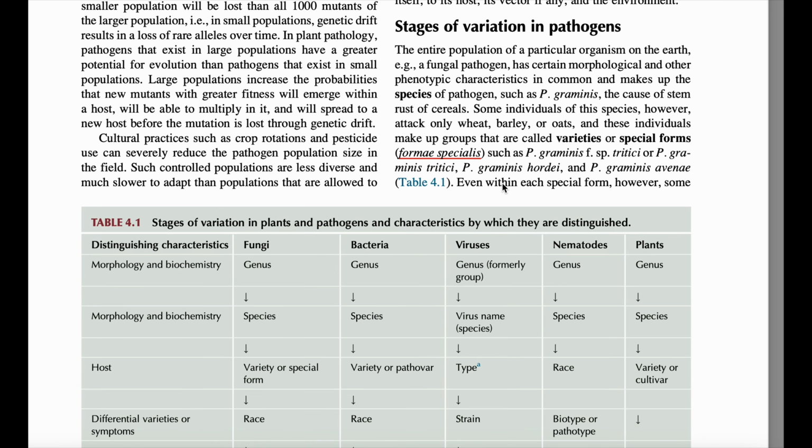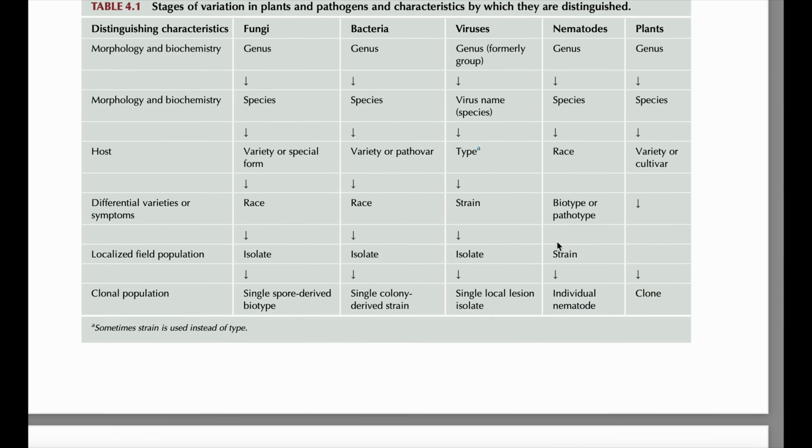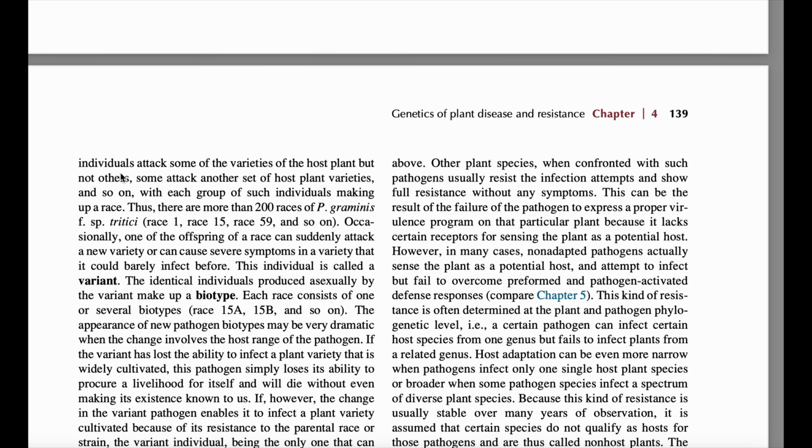Even within each special form, however, some individuals attack some of the varieties of the host plant, but not others. Some attack another set of host plant varieties and so on, with each group of such individuals making up a race.